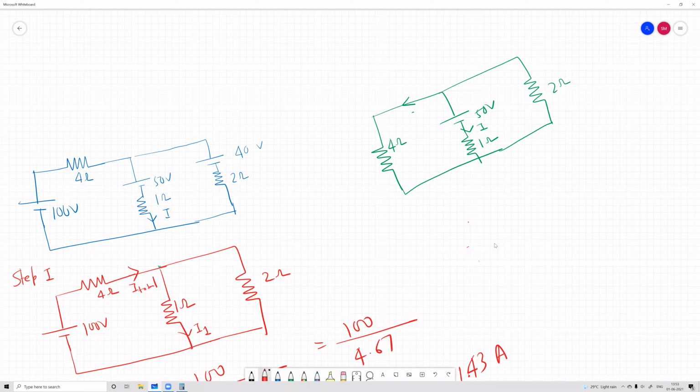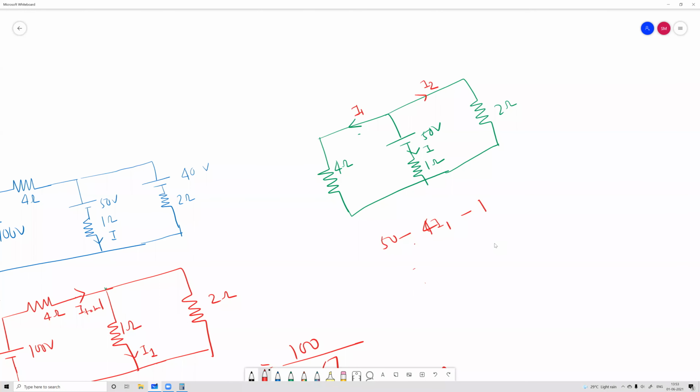So 50 minus 4I1 minus 1 into (I1 plus I2) is 0. So 50 equals 5I1 plus I2, first equation.